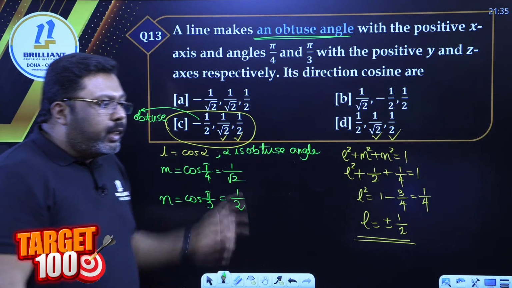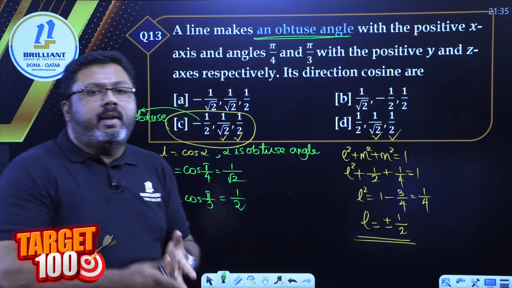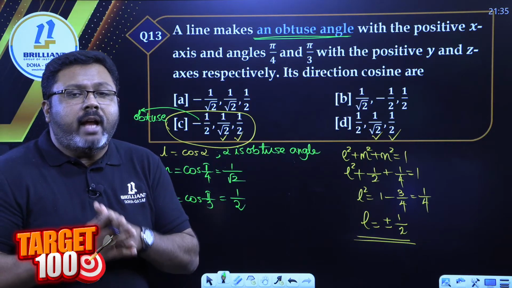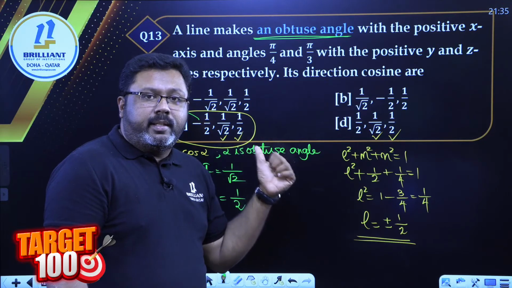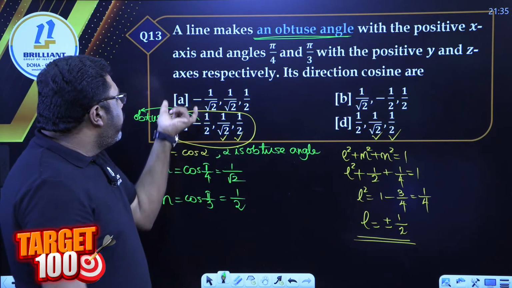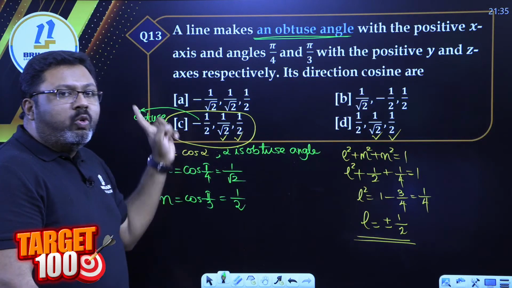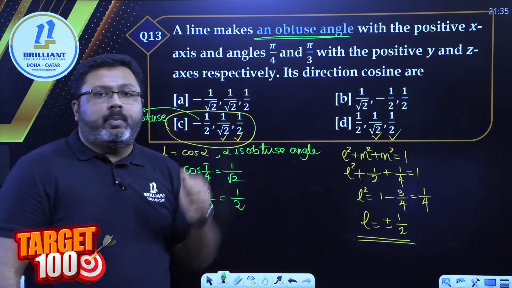Obtuse means negative. That's a mistake you're going to be making, because most of the times the question talks about an acute angle, and you are all used to taking only positive values from that. But negative also exists. They could stress and say obtuse angle, and maybe one of the options, the first was 1 by 2. You would have made the mistake. You would have ticked option A without noticing they asked you the obtuse angle.